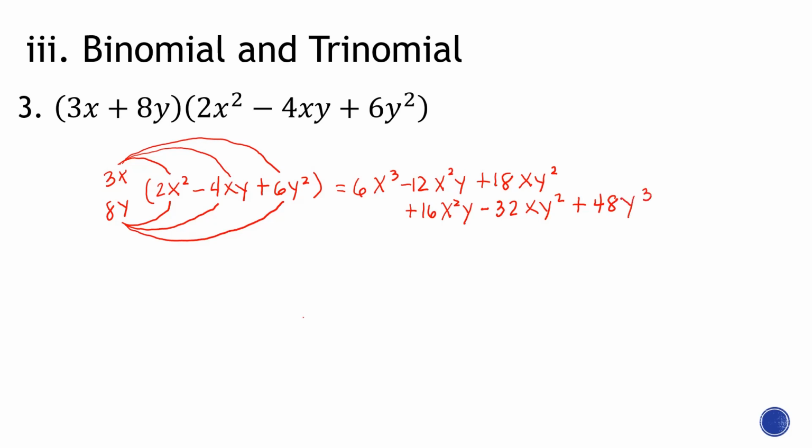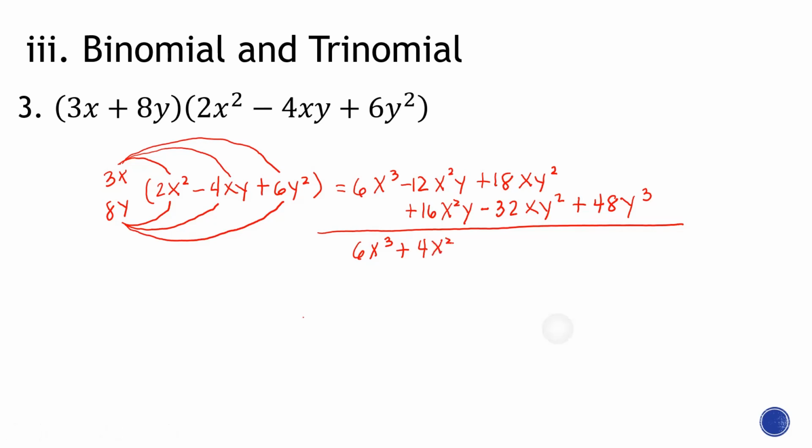y raised to 3. And then finally, I will just combine the like terms. The way I set up the problem, it's going to be easy for me to locate the terms that I will combine. So we just need to bring down this 6x raised to 3, negative 12, and plus 16. We can combine them because they are similar terms. That is equivalent to positive 4, because they have different signs, so we subtract them and keep the sign of the larger absolute value number.